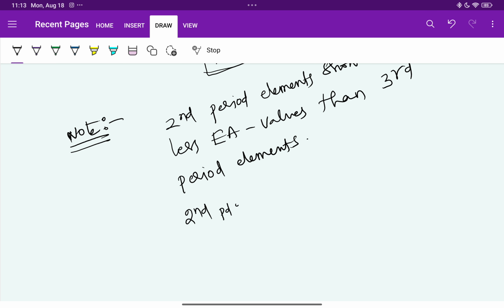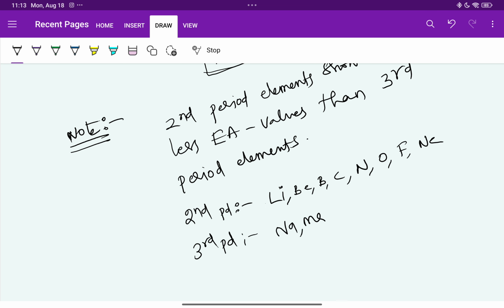Second period: lithium, beryllium, boron, carbon, nitrogen, oxygen, fluorine, neon. Third period: sodium, magnesium, aluminium, silicon, phosphorus, sulfur, chlorine, argon.